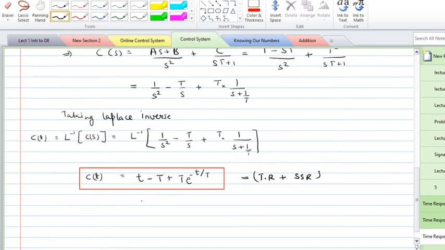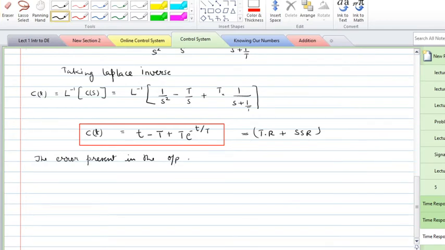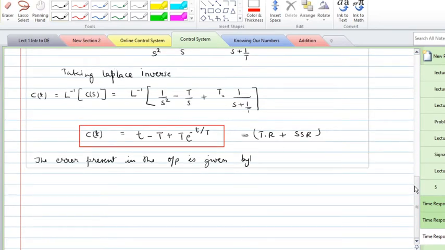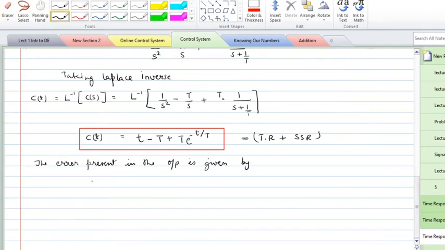Okay, that's why if we find out the error function in the output is given by, that is E(s) is equal to R(s) minus C(s).